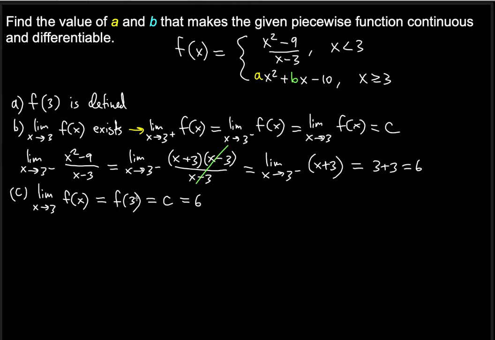And that is the function value at the target value of x, which is 3. So 6 should be the function value at x equal to 3 for both this one and this one. Since f of 3 is equal to 6, then we can say that 6.